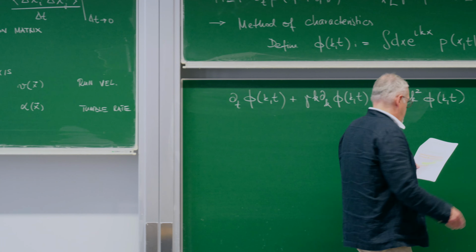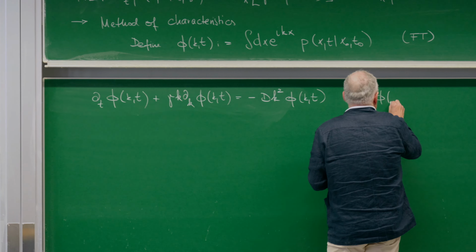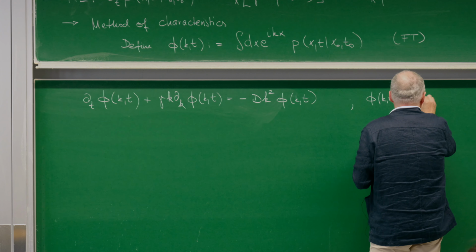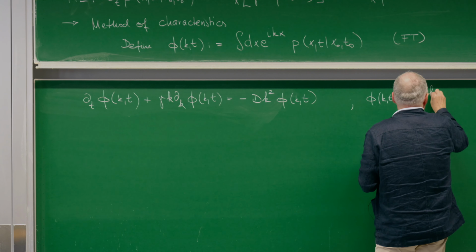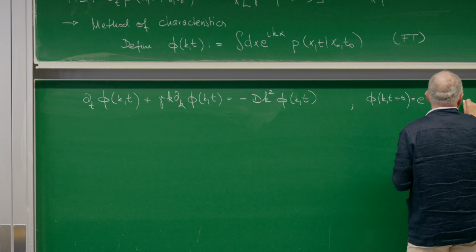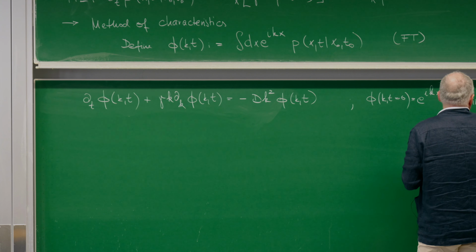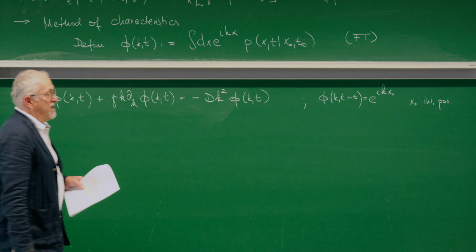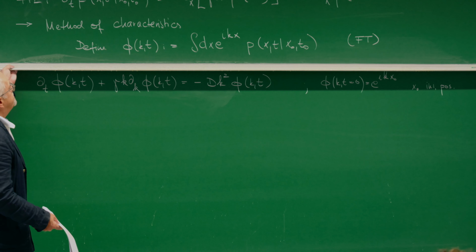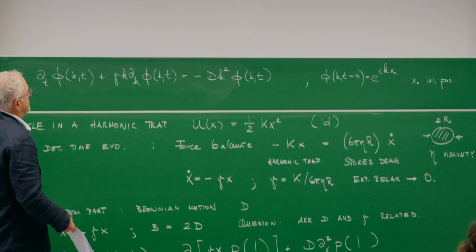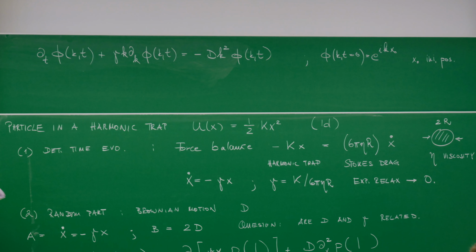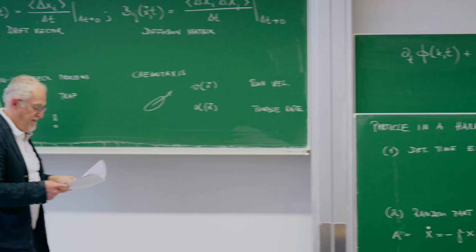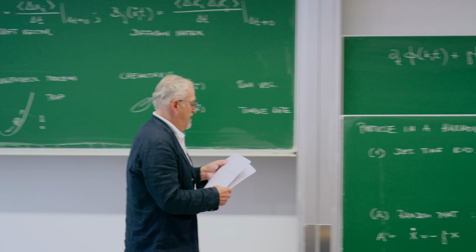We have also an initial condition, φ of k at t equal to 0 equals e to the i k x0, where x0 is just the initial position of our particle that we consider. So that's the equation we need to solve. It's a partial differential equation, still, but it's kind of simpler.